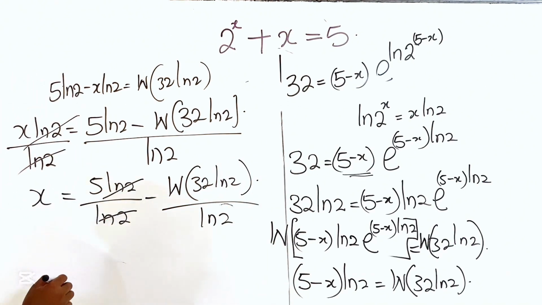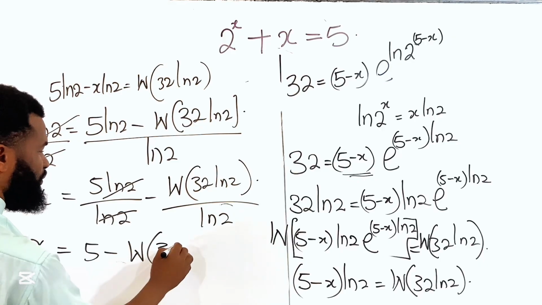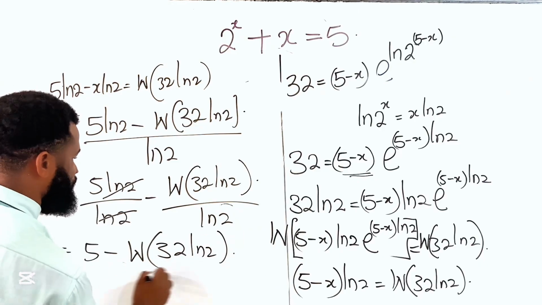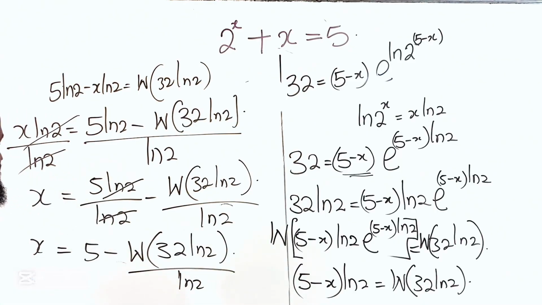This cancels this. So I have that x is equal to 5 minus product log or W function of 32 ln 2 all over ln 2. This does not have the capacity to cancel this. Can it?